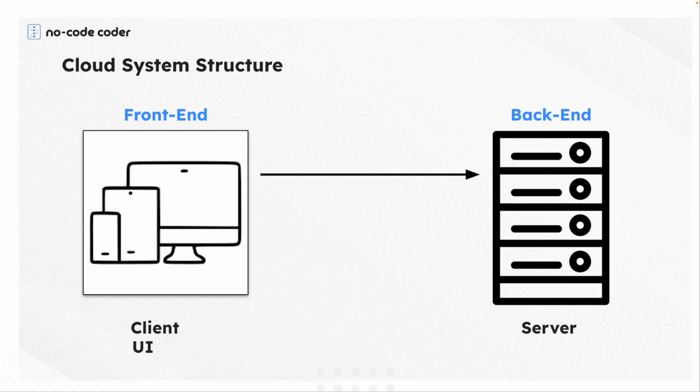A good example of that would be something like Amazon on Black Friday, where lots of different people using their Amazon website or the Amazon front end will be making requests to the Amazon server, the back end. Obviously there's more than one server in the case of Amazon, but the principle is exactly the same. So somebody types a search on Amazon, that then makes a request to Amazon's back end.